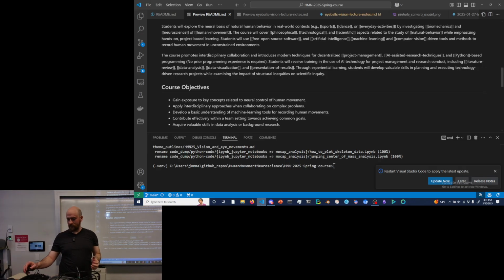So in the same sense that you can use cameras to record movement of the body, you can also use cameras to record the movement of the eyes.